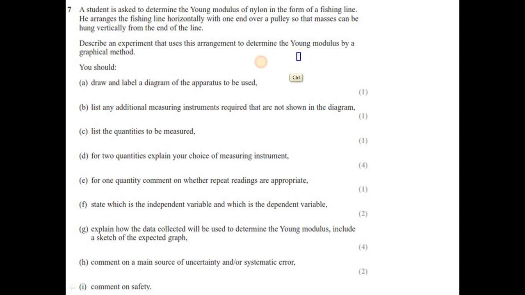We have a rectangular table, and we can put a wire that passes over a pulley, with a hanging mass, and this might be gripped with a clamp stand. So this is the diagram, and you can label it.